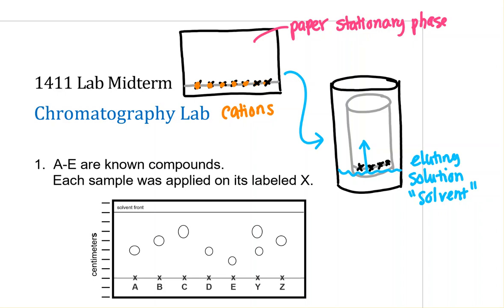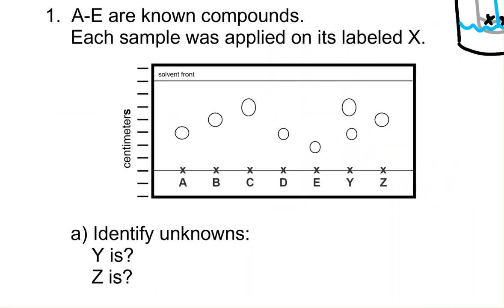Okay, so let's look at what those results looked like. Afterward, we had a pattern of spots, and on this one, my Y and Z are my unknowns. And so if I want to identify what's in each of those, I just look at what it lines up with. So in other words, Y has 2 spots.